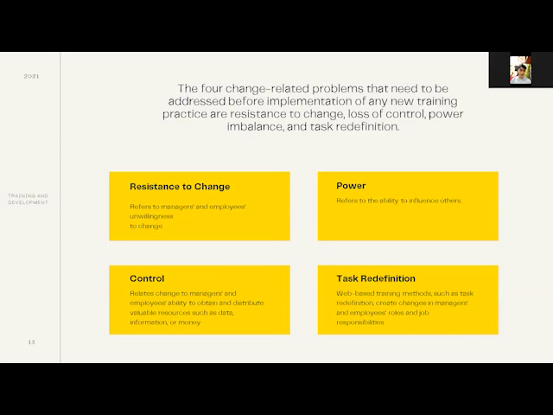Tasks are redefined, and when tasks are redefined, people get confused because when tasks are changed, our mind shifts from one direction to another, and this might lead to confusion and inefficiency in work or in specific jobs or roles, and this might cause the company to not succeed. And this is the fourth problem in change.